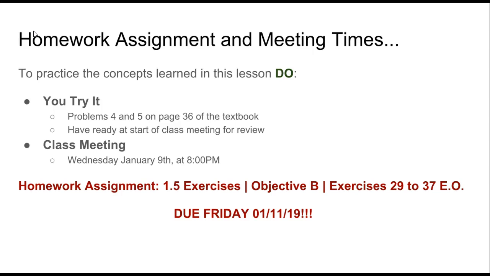So the homework assignment, let's go ahead and talk about that. The homework assignment is section 1.5 exercises. Let's actually get you a page number for that, because I noticed that I didn't write that down on the lesson here. So your homework assignment is section 1.5 exercises, objective B, exercises 29 to 37.